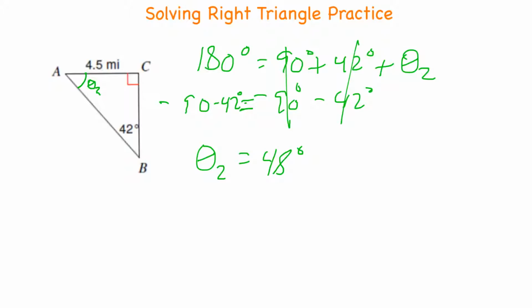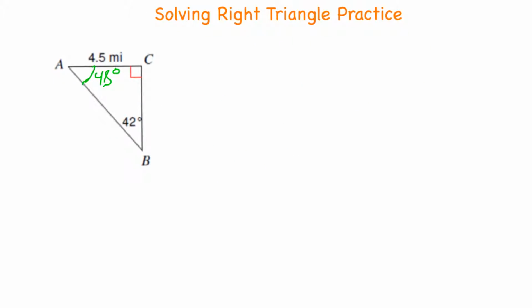Okay, so let's put that in. Alright, the next thing we need to do is figure out the length of these sides. Now we could have started with finding the length of the sides first, because we had an angle and we had a side, and that's all you have to have.